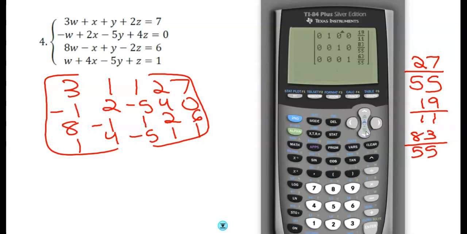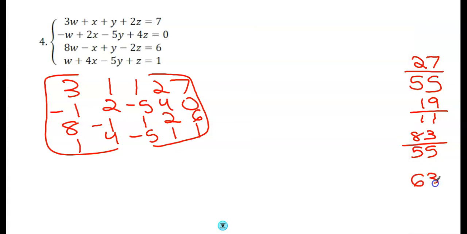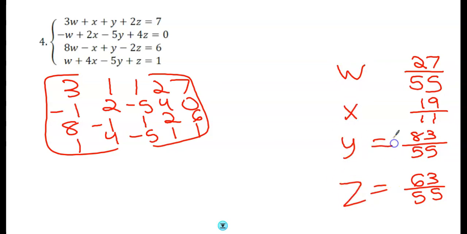And the last one is 63 over 55. So what does that mean? My W, my X, my Y, and my Z. So again, looking at those columns and seeing the order of your 4 variables.